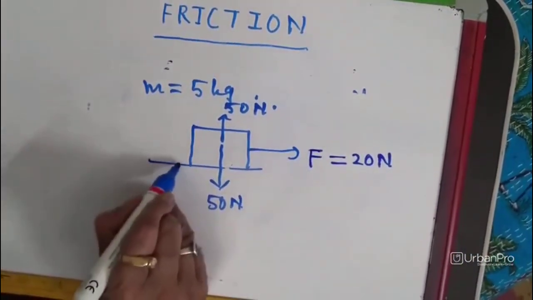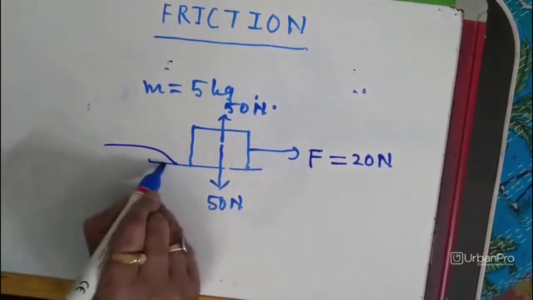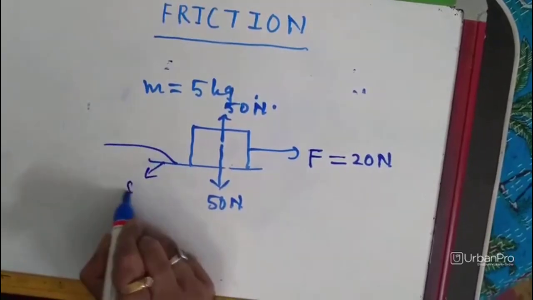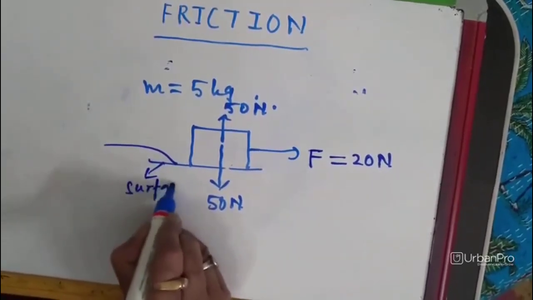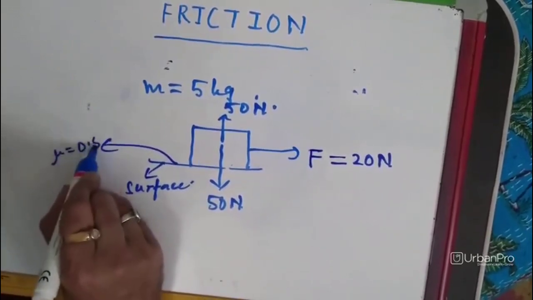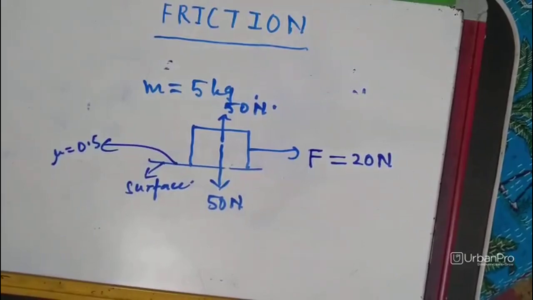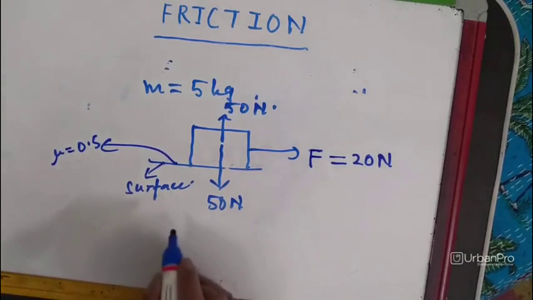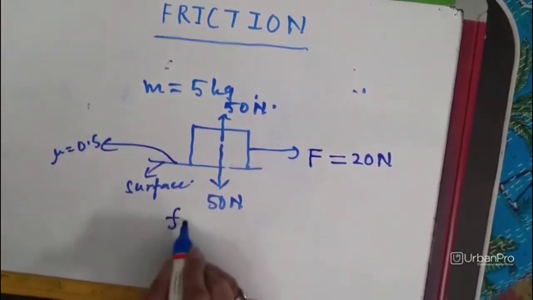and the coefficient of friction between the block and the surface, and this is the surface, is equal to, let us say, 0.5. So what is the friction limiting in this case?